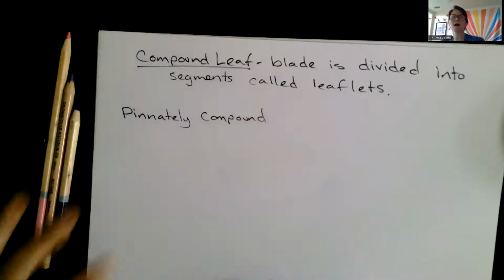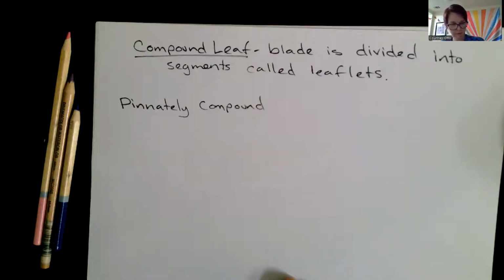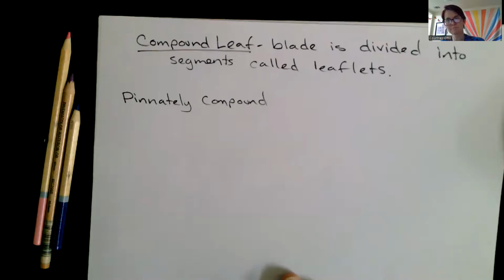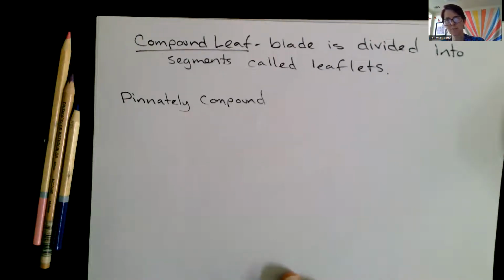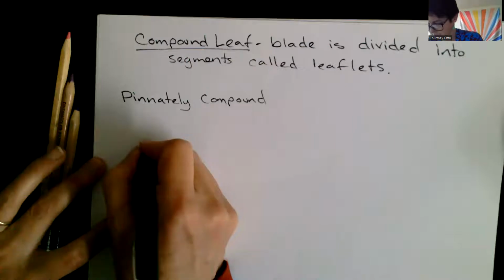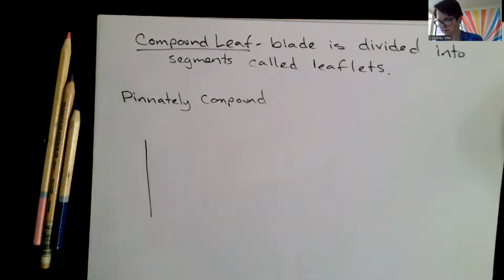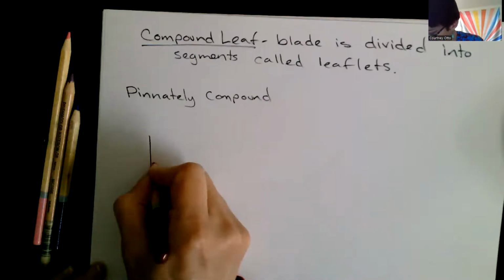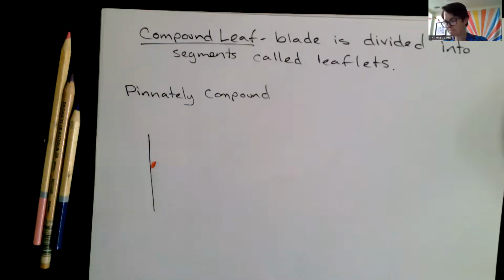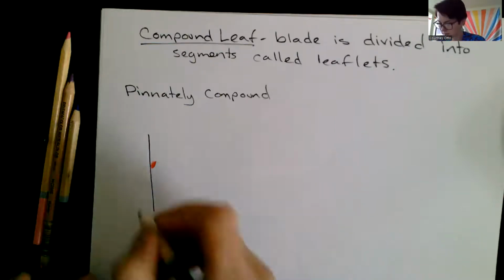So in a pinnately compound leaf, that leaf is going to be divided into leaflets or segments arranged like a feather. And let me model for you exactly what I mean by that. So there's my stem, there's my axillary bud.